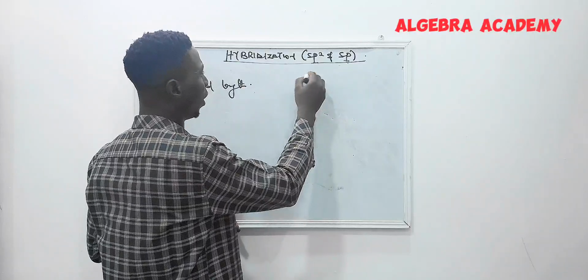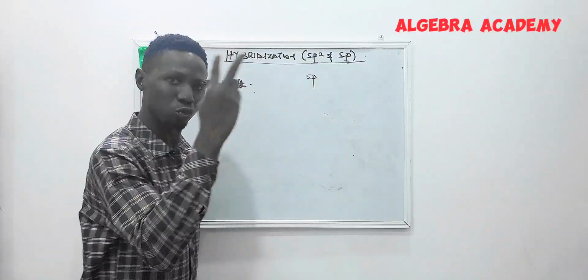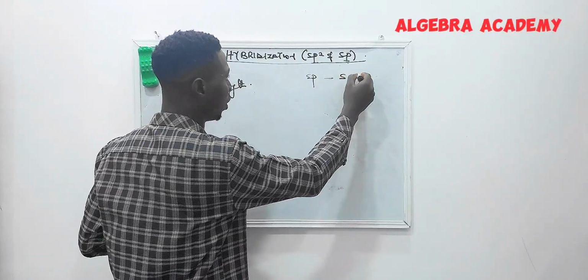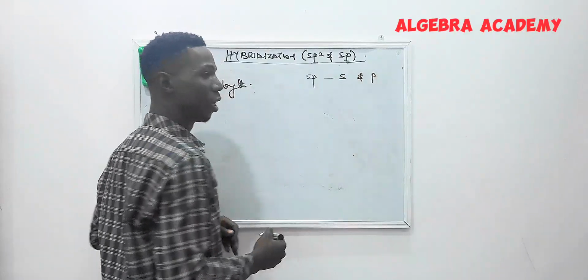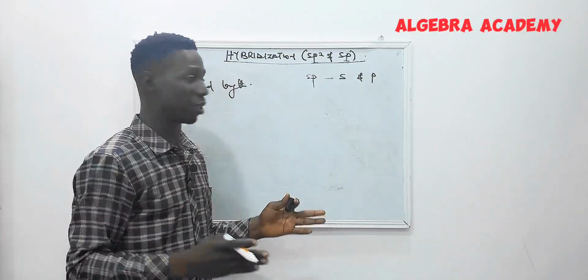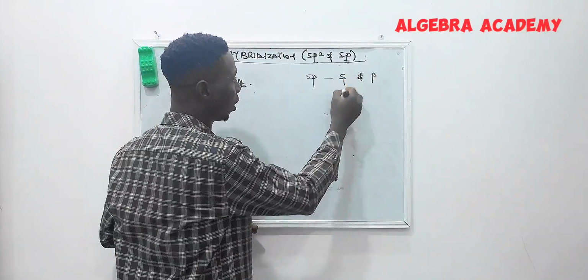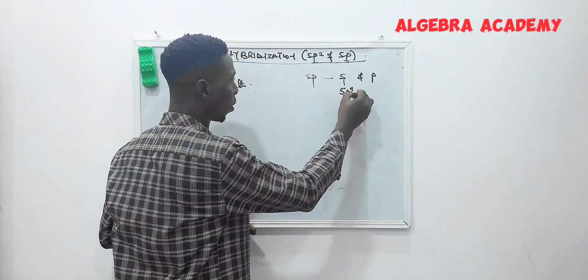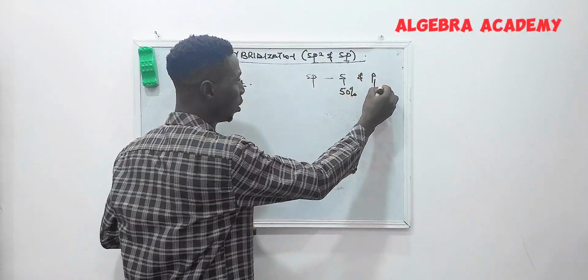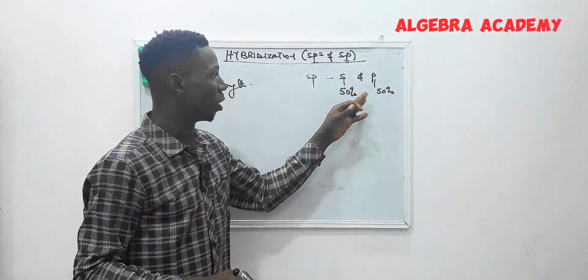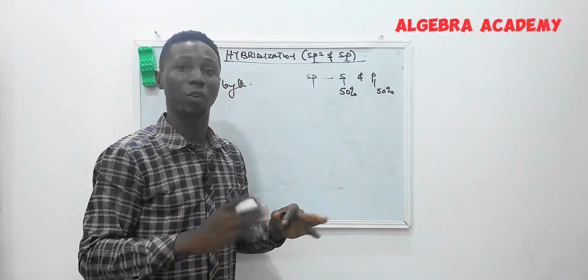Now for sp, we only have 2 participating in hybridization, which is 1 S and 1 P. That means on a scale of 100%, if you are to share 100% between S and P, S will take 50%, while P also takes 50%. That means unhybridized orbitals don't take any of the 100%.